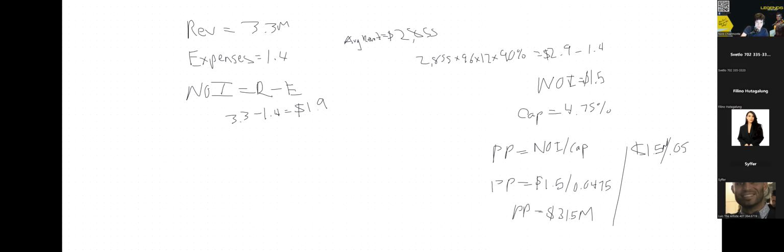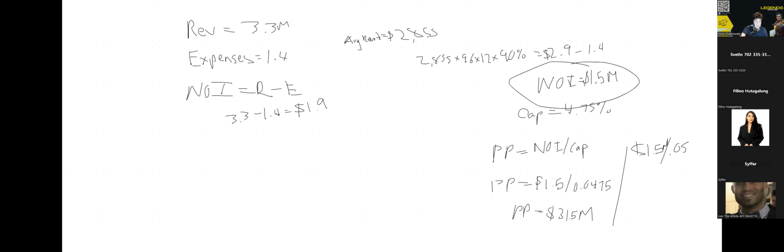All right, so how did I get to that? I looked up the cap rate of DC and it's 4.75 to 4.85. So we're going to stay conservative and say 4.75. The NOI is 1.5 million. We did the math over here. So you do 1.5 million divided by the cap rate.